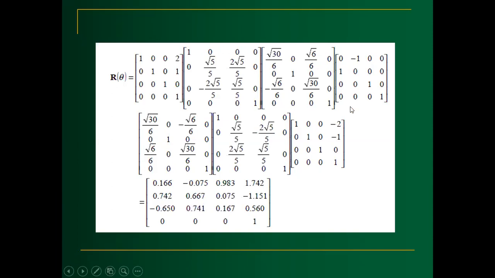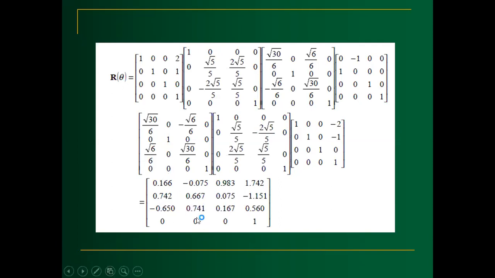Ultimately, if you multiply these 7 guys, you will get this equation. Remember, this is just R of theta. What is the original rotation transformation matrix? The new point is equal to R of theta, that is the entire thing, into every point P of x comma y comma z.